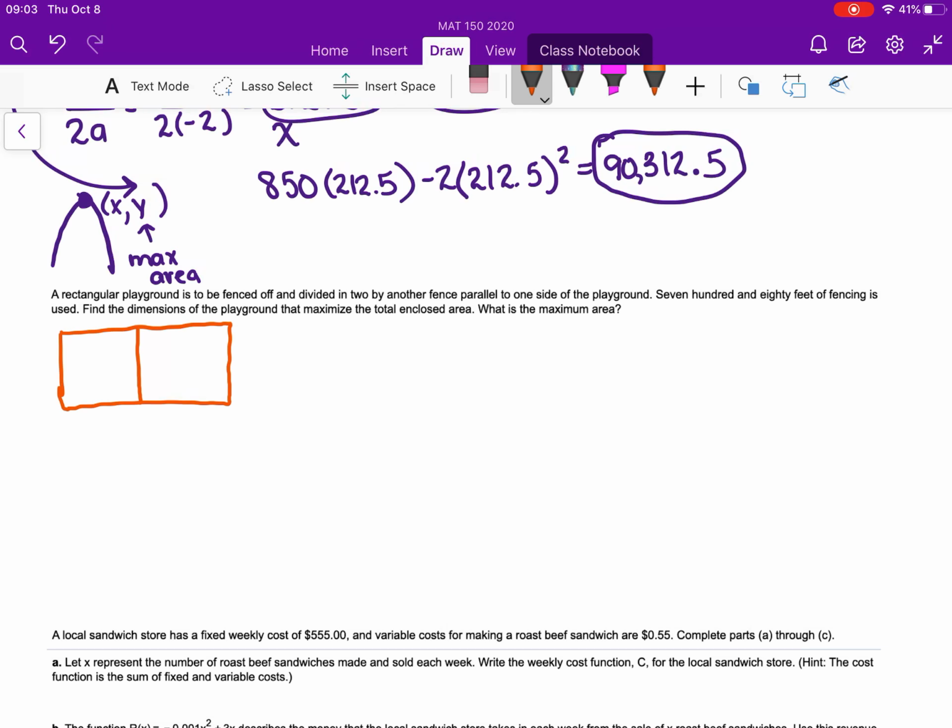So when I'm thinking about how much fencing I have, I want to think about perimeter, because the fencing is the perimeter here. One of the lengths is, I'm going to call x. To be a rectangle, those 3 pieces have to be the same length, right? So I'm just calling them all x. And then the length of the entire rectangle we'll call y.